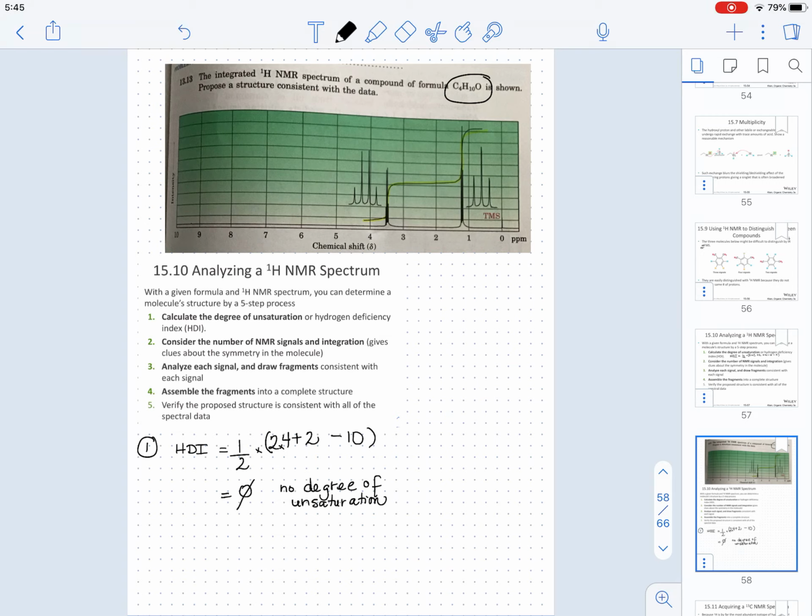Okay, so as you can see, the next thing that we're going to do is consider the number of NMR signals and integration. For this molecule, we particularly don't have the integration, but we do have the signals.